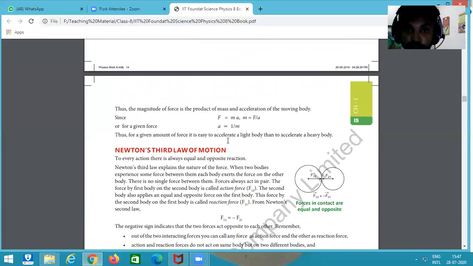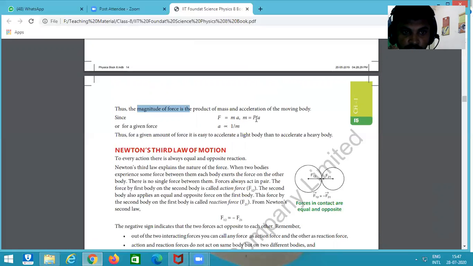Thus the magnitude of force is the product of mass and acceleration. Multiplication of mass and acceleration gives force. We can also write this formula as m is equal to F upon a, where the a comes from the left side to the division.